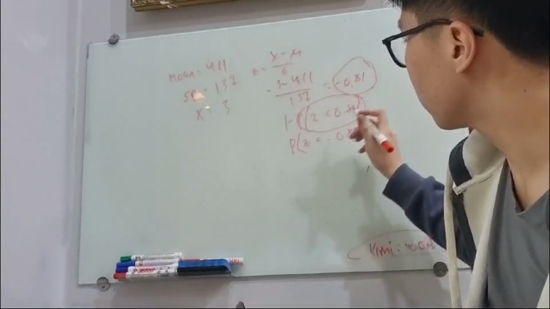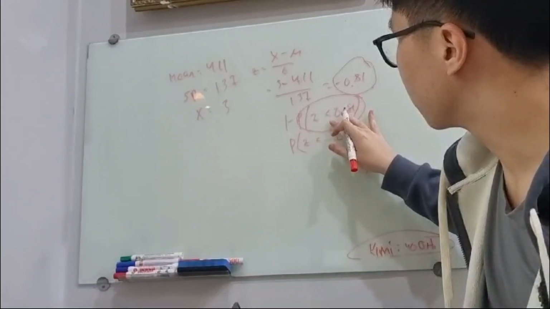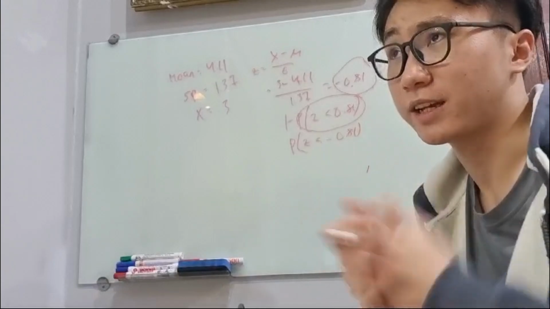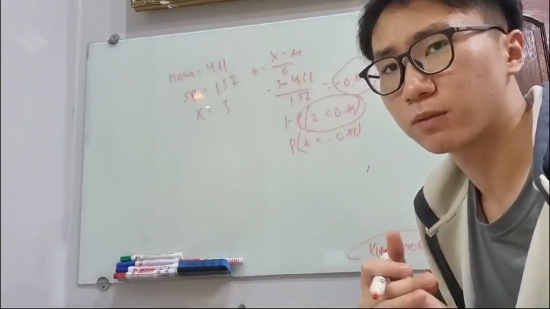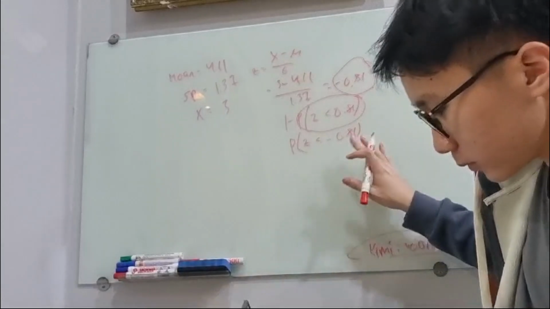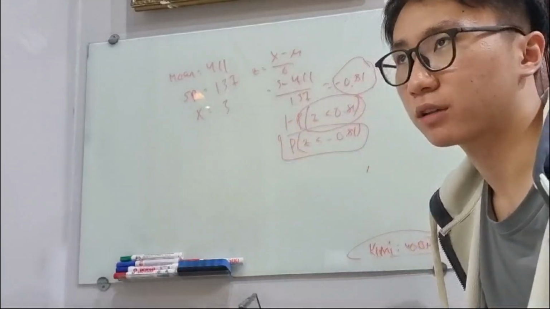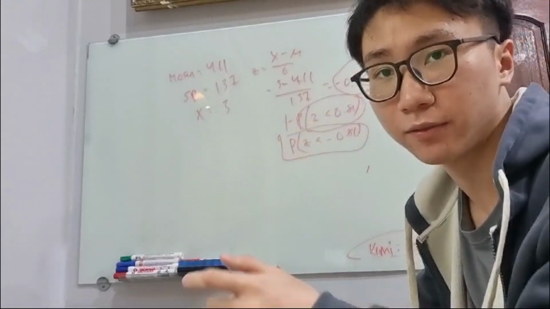So it's equal to 1 minus z less than 0.81. So it's just 1 minus the positive if it's the negative. So it's interchangeable. So we're going to use the instant way to calculate the z value if it's negative.